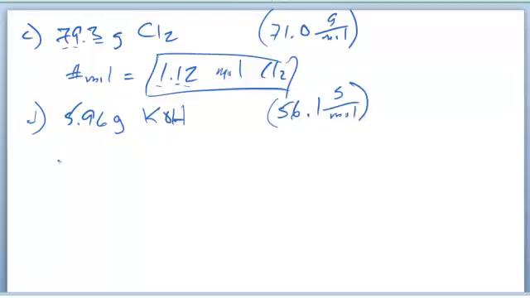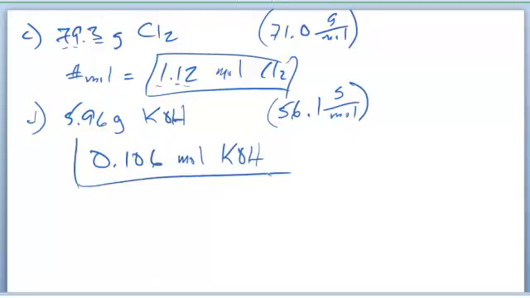Okay, and when you divide 5.96 grams by 56.1, I think you can see you'll get a little more than a tenth of a mole. Let's see what we get. The answer is 0.106 moles of potassium hydroxide. There we go.